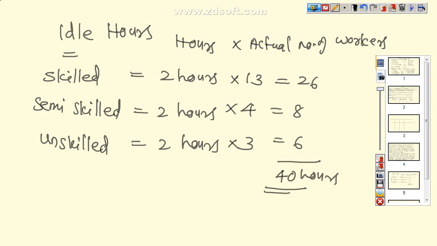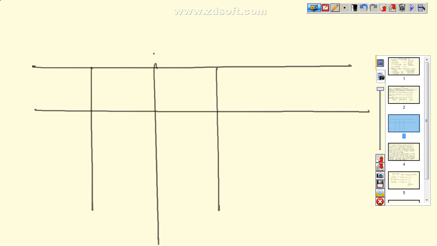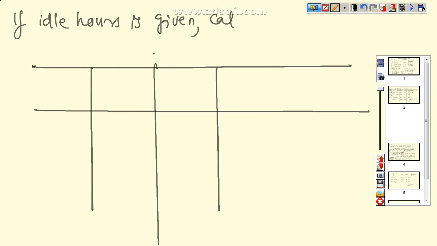So if any idle hours is given, we have to calculate effective hours. That is one of the most important points we have to remember. If idle hours is given, calculate effective hours.